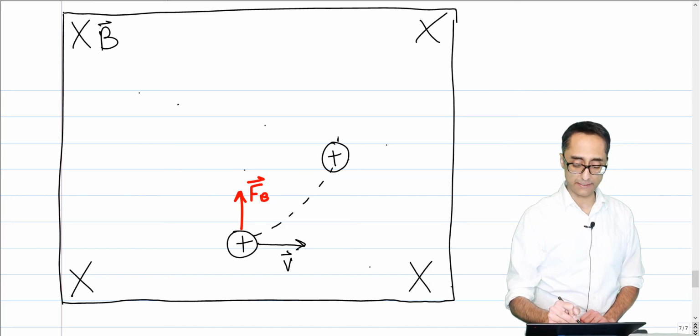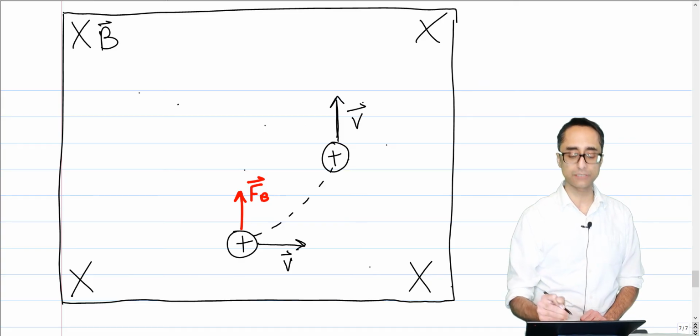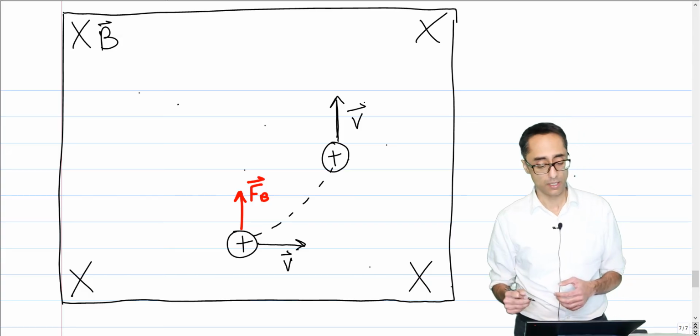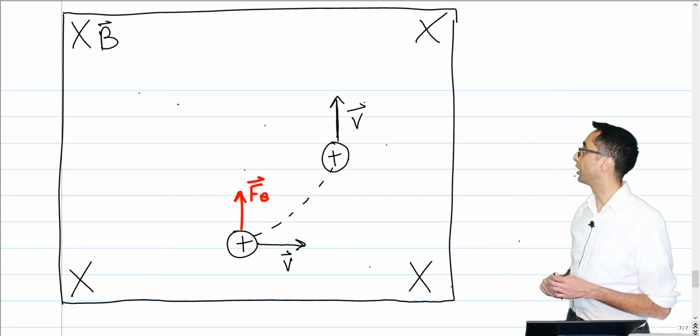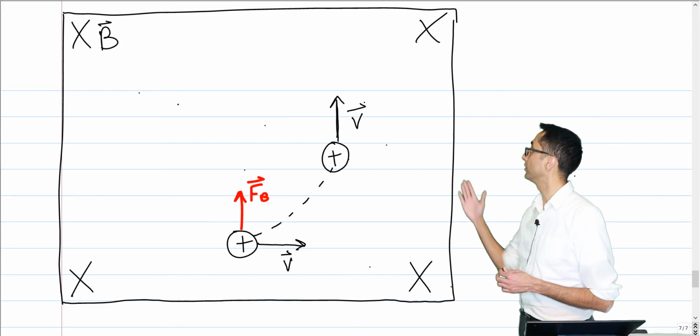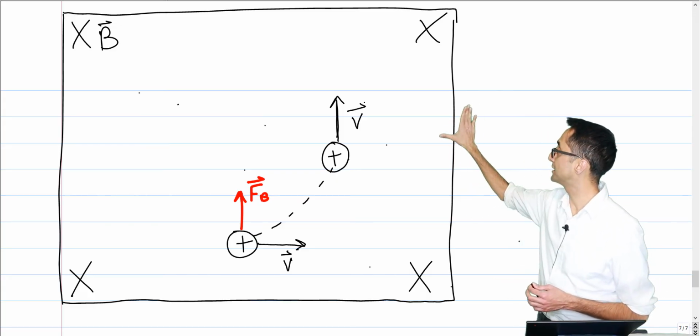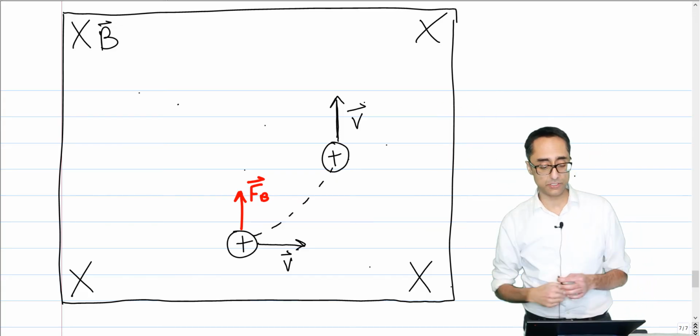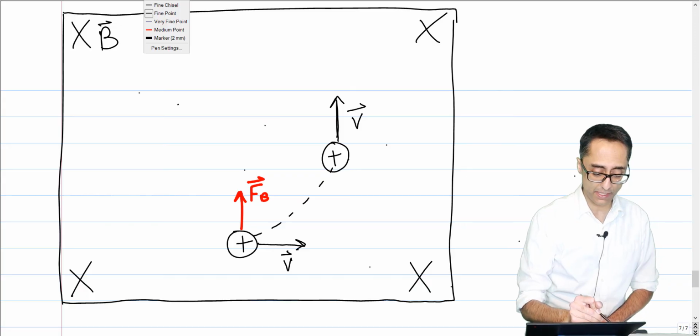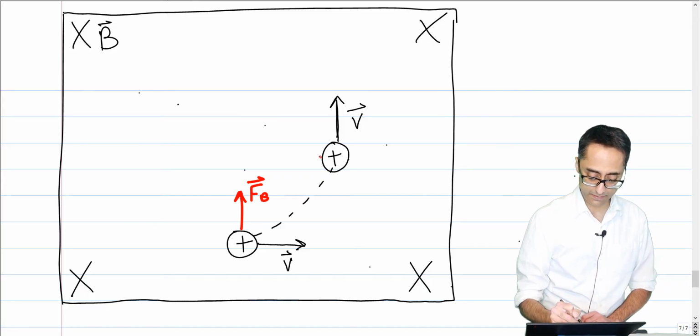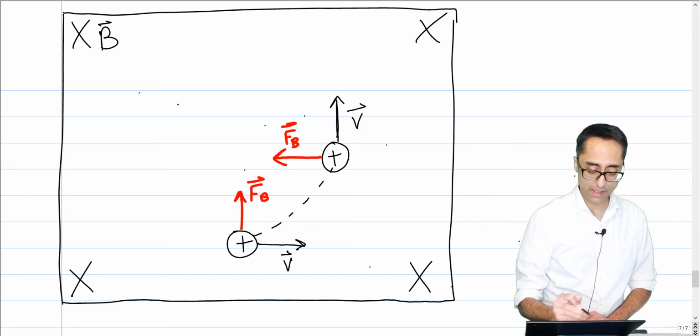Its velocity is now going to be pointing straight up. It's turned its direction because of that force. Well, now let's do the same thing again with our right-hand rule. V up, B into the page, FB to the left. Okay, FB is to the left this time. And we move again.